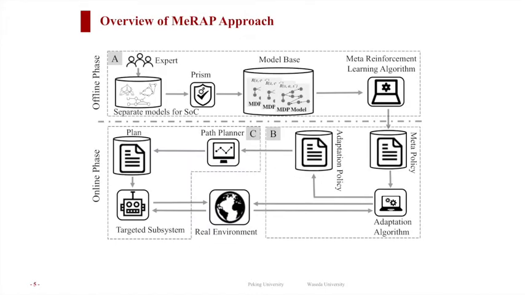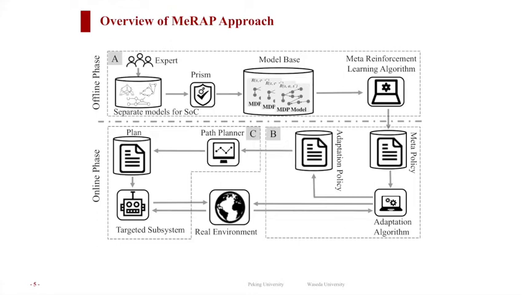We propose a meta-reinforcement learning adaptive planning (MRAP) approach for quickly evolving the adaptation policy at runtime. This approach enables the SLAS to quickly adjust its policies online at the cost of offline training.